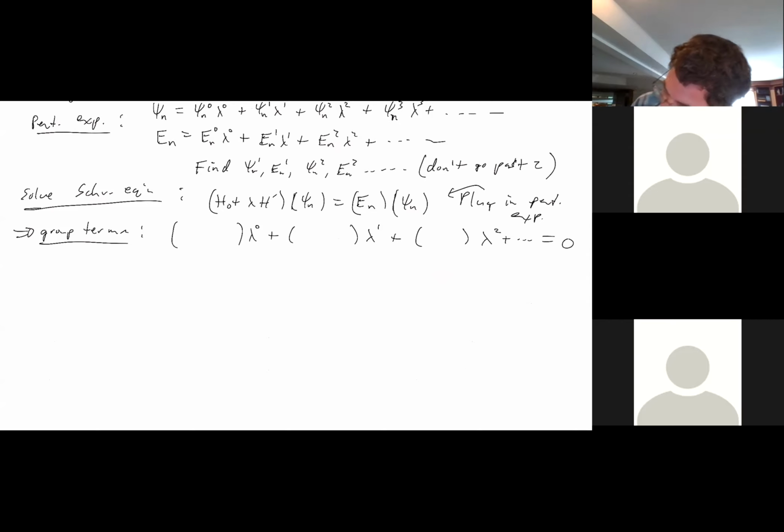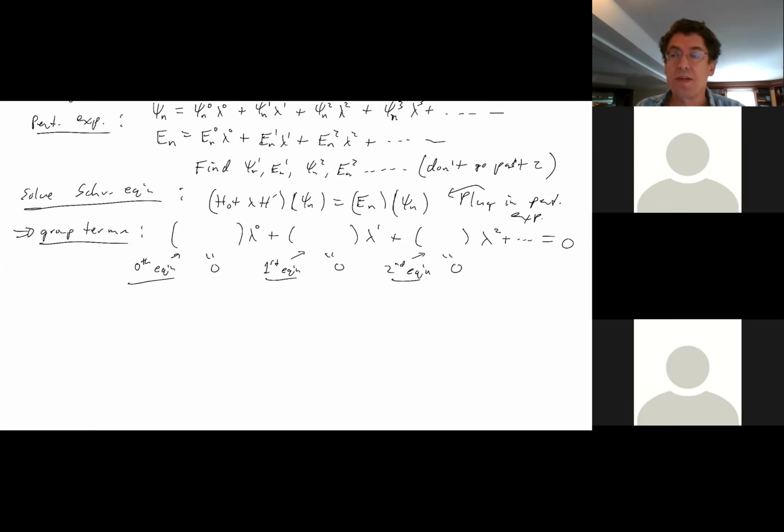And this can only be true if this equals 0, and this equals 0, and this equals 0, etc. This gives us our 0th order equation, our 1st order equation, and our 2nd order equation. These are the equations of perturbation theory that we have to solve.